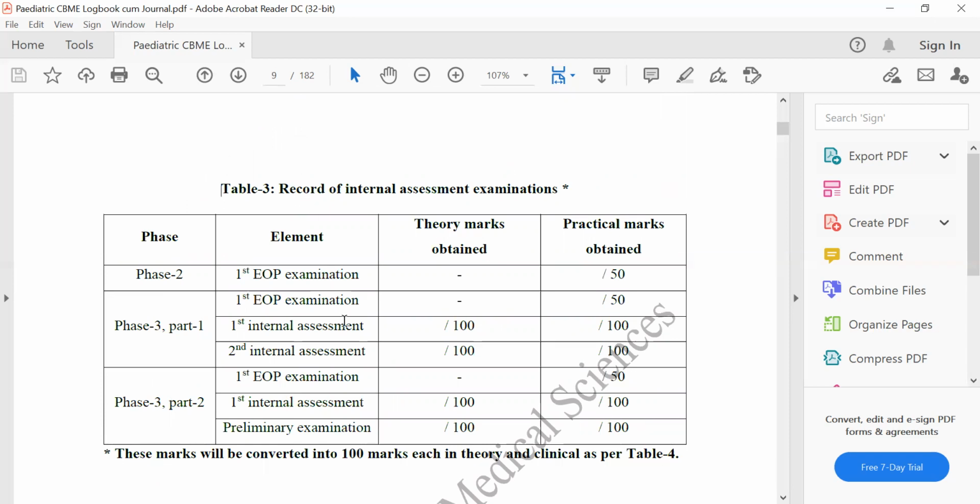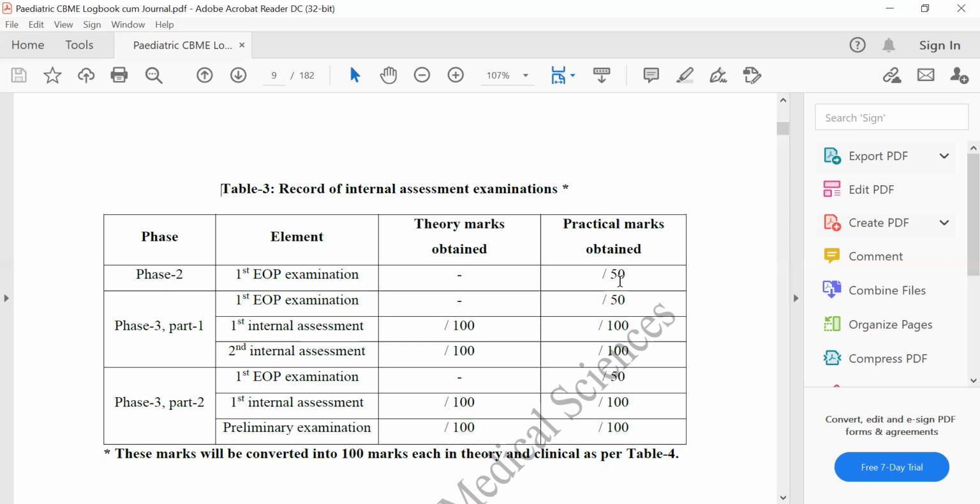So total marks of the internal assessment for the theory out of 100, and the practical again out of 100. So these marks will be converted into 100 marks in the theory and the clinical. And in phase 2, there will be first end of the posting examination, or we can say ward ending examination will be taken.